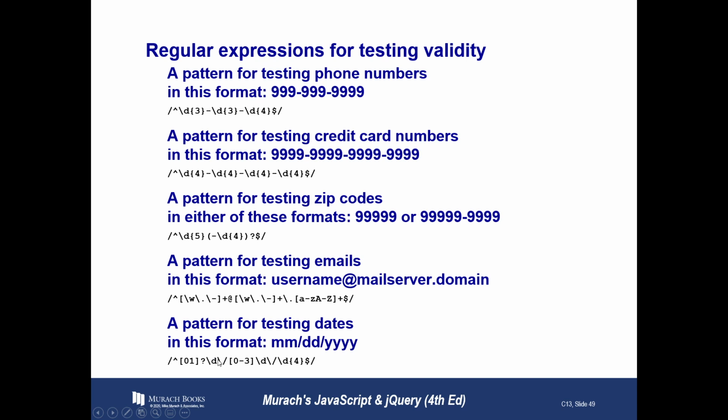Okay, and then we have a slash, and then from 0 to 3, 0, 1, 2, or 3 in the first digit here, right? Because we have a maximum of 30 days, and then this D, which is another digit here, and then another slash, okay, and then another digit 4 times, and then the end of the string.